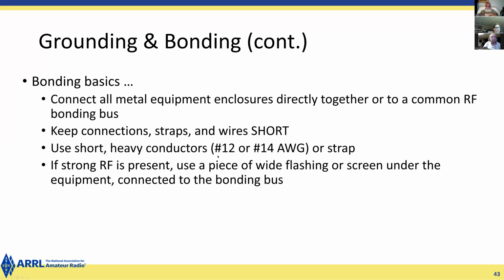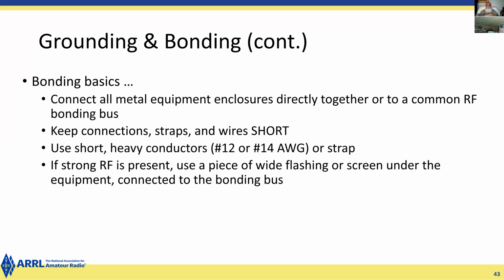So you use heavy conductors, 12 or 14 wire gauge, it says here, but you can go to an even lower number gauge, or you can use copper strap that's an inch wide perhaps and a quarter-inch thick.